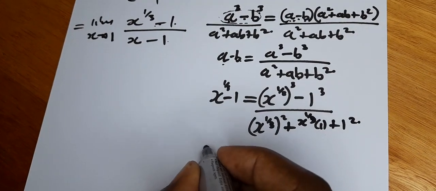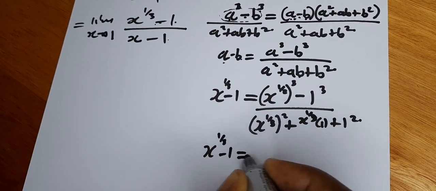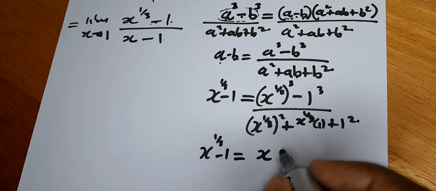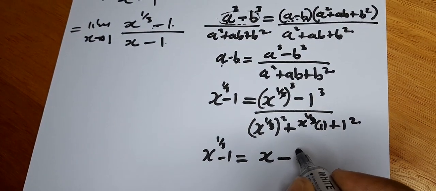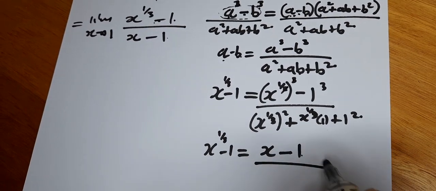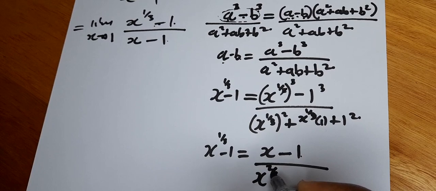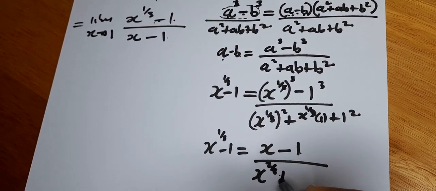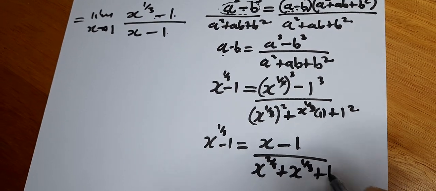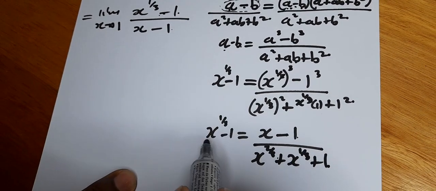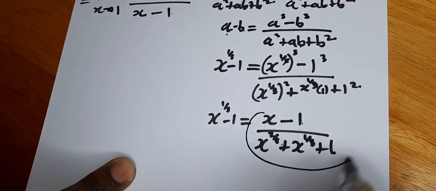Then now we can say our x to the 1 over 3 minus 1 is equal to x, because this 3 will cancel that 3, minus 1, all over x to the 2 over 3, and then plus x to the 1 over 3, then plus 1. Then now you can see our x to the 1 over 3 minus 1 is equal to this.